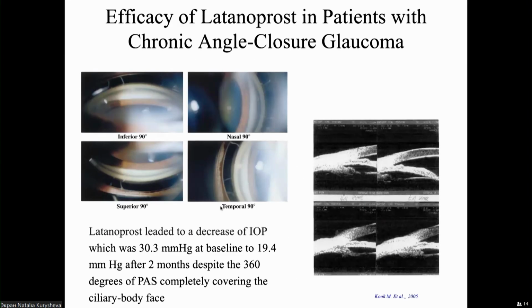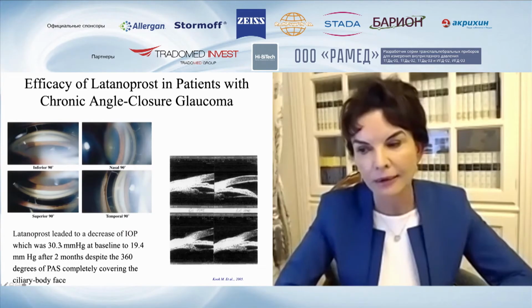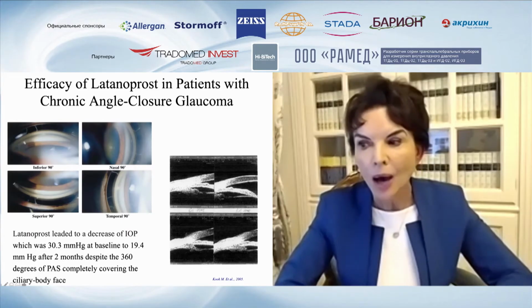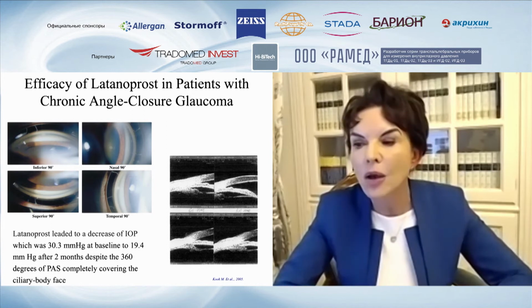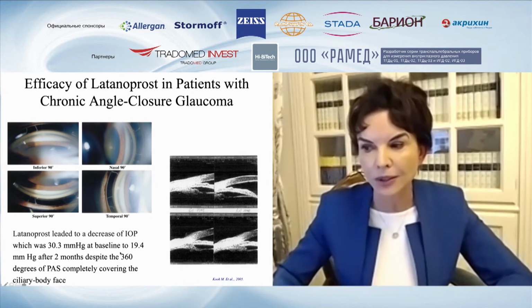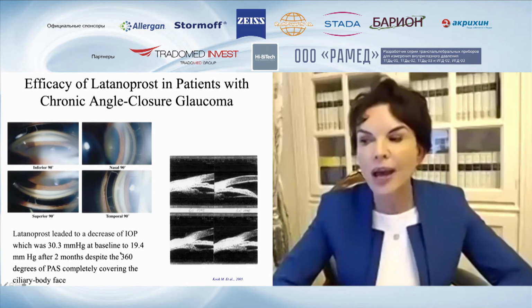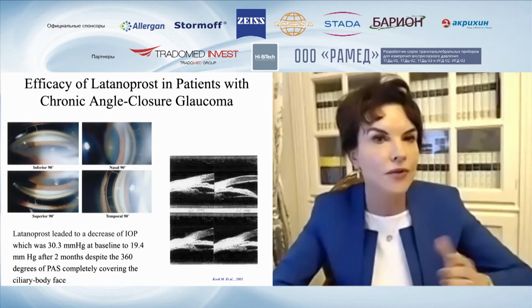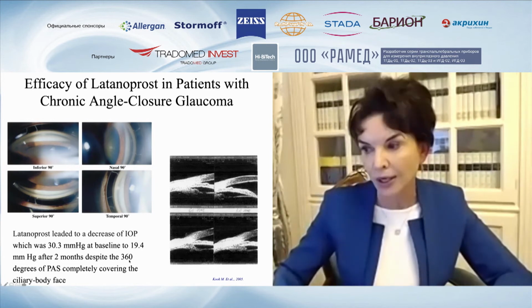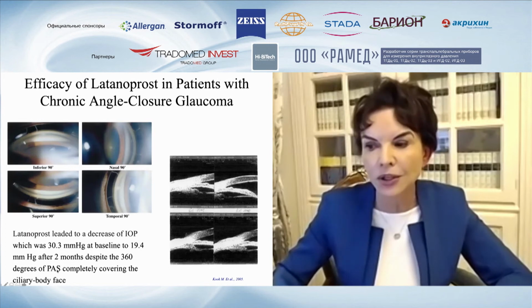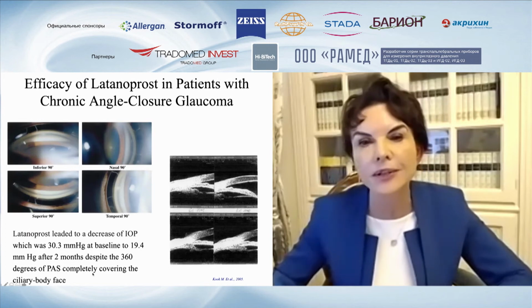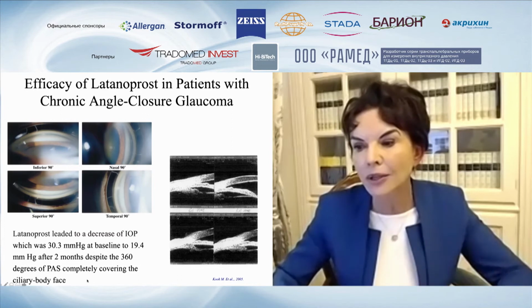By the way, it was shown that prostaglandin analogs, for example, latanoprost, may decrease the IOP from 30 millimeters of mercury at baseline to 19 millimeters of mercury after 2 months, despite 360 degrees of peripheral anterior synechiae completely covering the ciliary body of the eye.